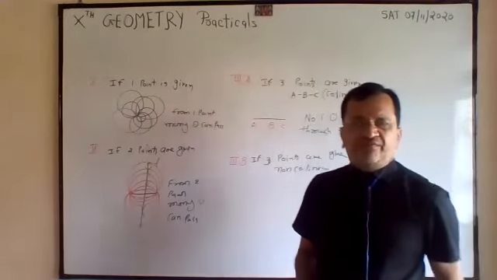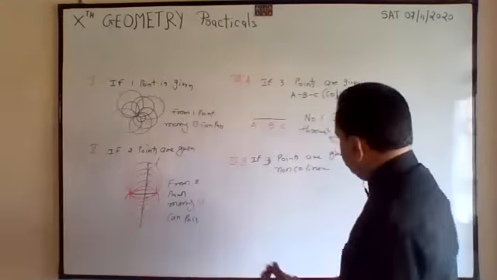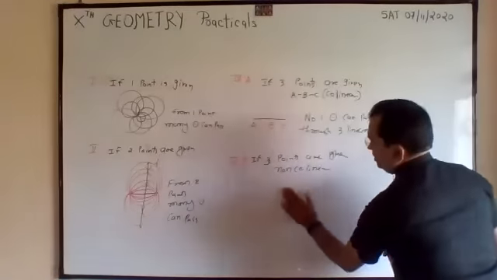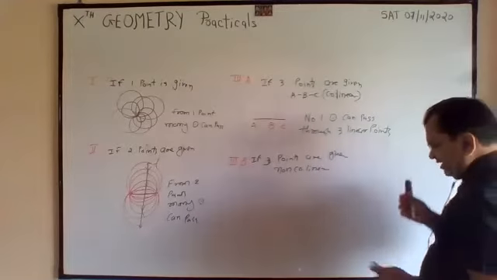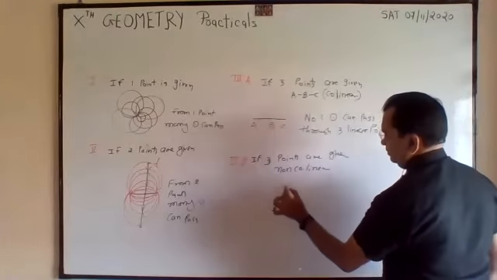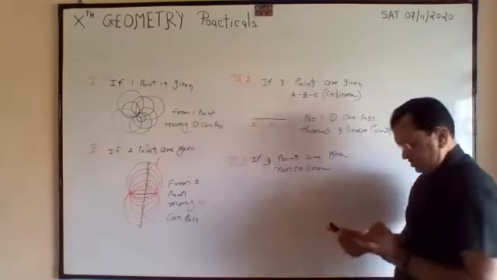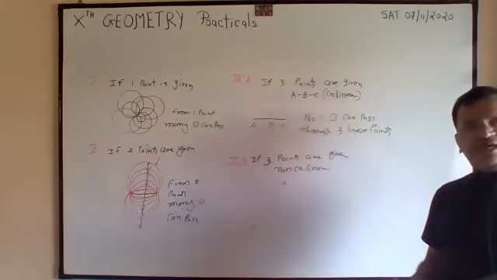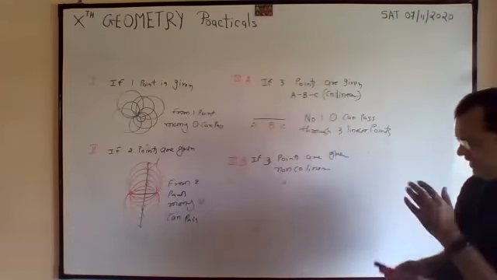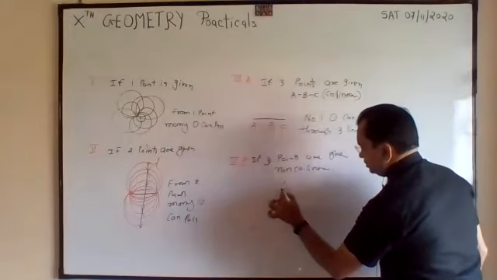Now, if three points are non-linear, means coplanar but different. This is A, this is B, this is C. On the next page, you have to draw this diagram. So first you join this.